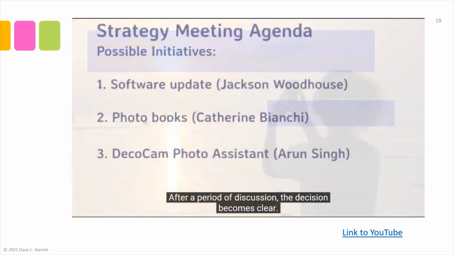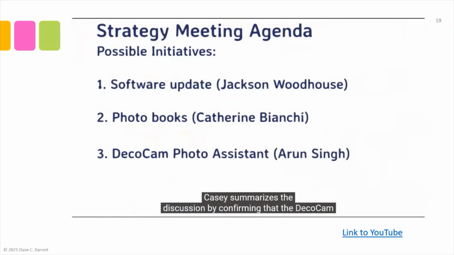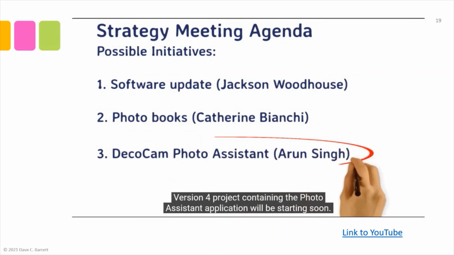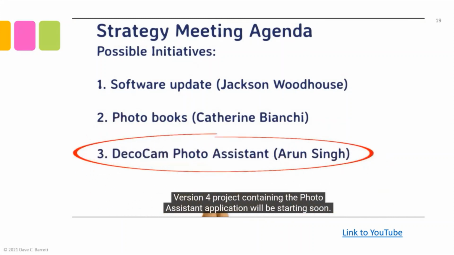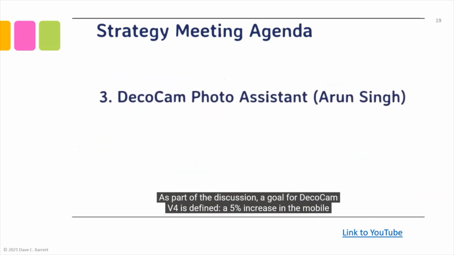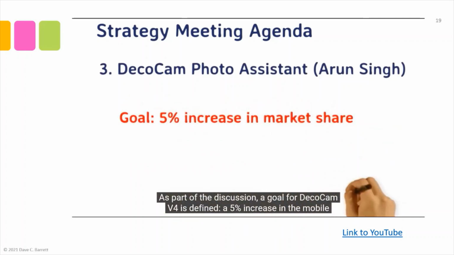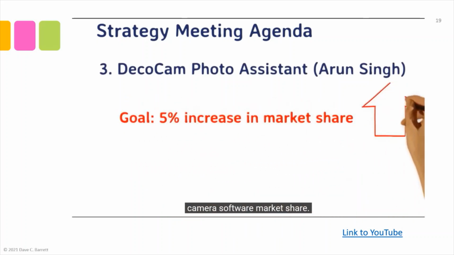After a period of discussion, the decision becomes clear. Casey summarizes the discussion by confirming that the DecoCam version 4 project containing the Photo Assistant application will be starting soon. As part of the discussion, a goal for DecoCam version 4 is defined, a 5% increase in the mobile camera software market share.